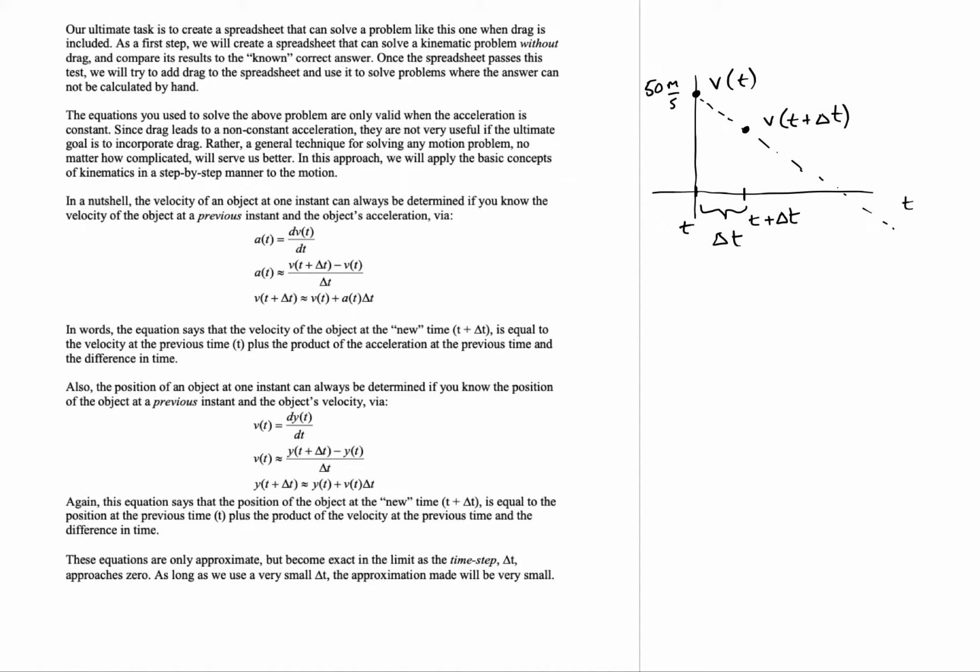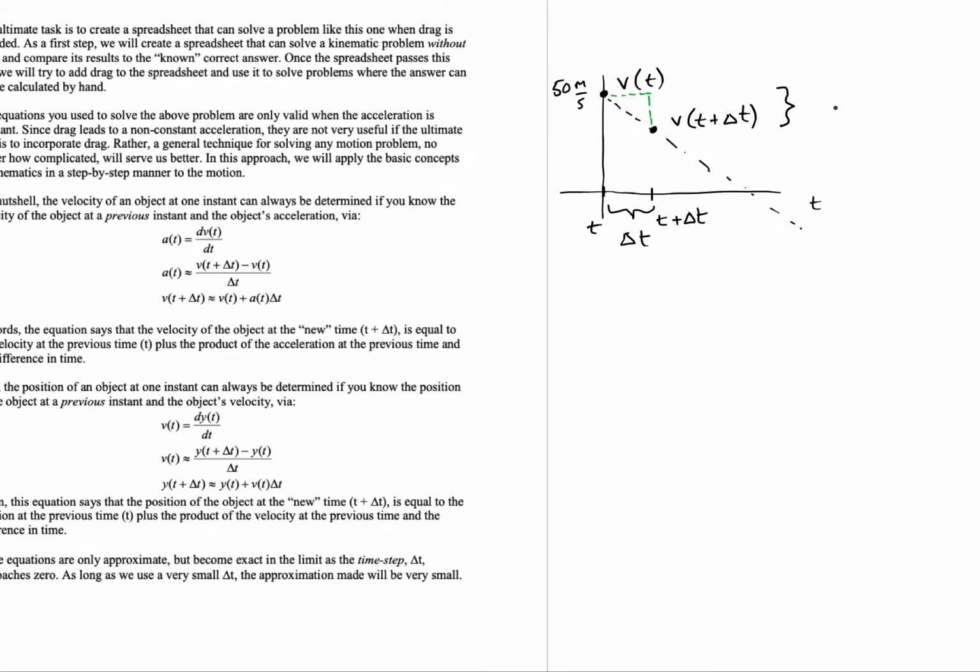If you were to create a triangle out of that, then the rise of the triangle would be given by v of t plus delta t minus v of t. That would take care of the sign, because the sign here should be negative since we're going over and down.